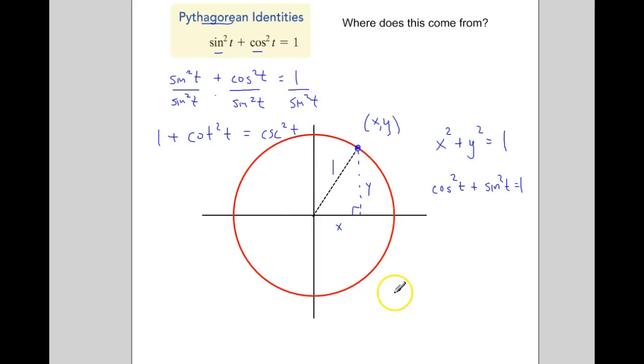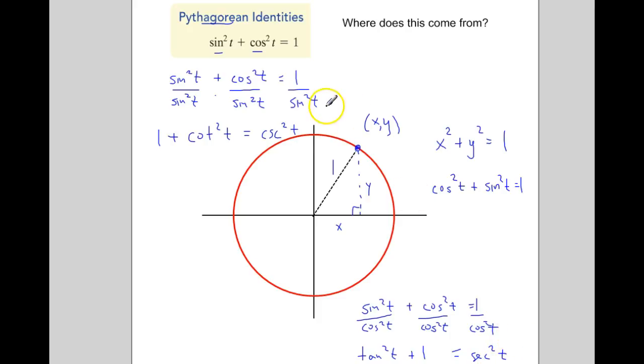And then if I start off with that sine squared t plus cosine squared t equals 1, and I divide now by cosine squared t on both sides, I end up with tangent squared. Sine divided by cosine is tangent, squared, t plus 1 equals 1 over the cosine squared, which was secant squared t.